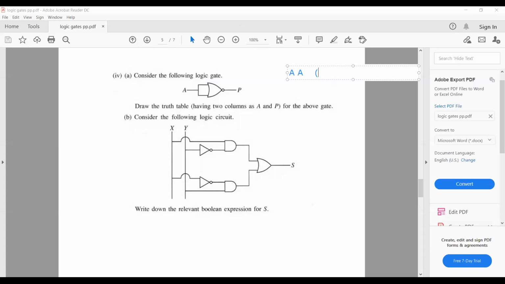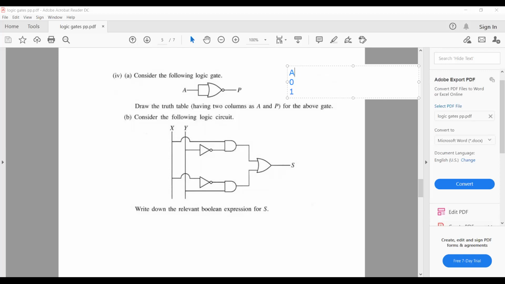you are getting A plus A dash. So actually, you can take it as working like a NOT gate. So I am giving 0 and 1.